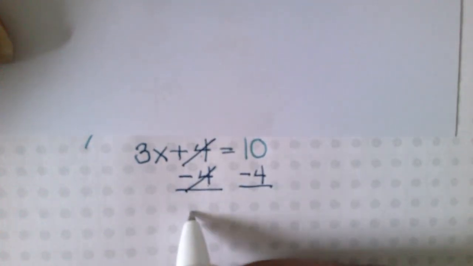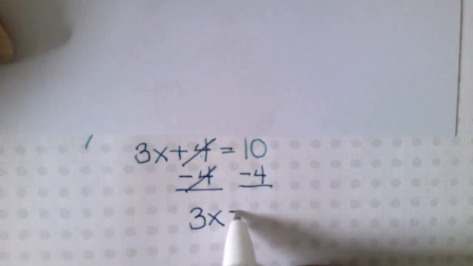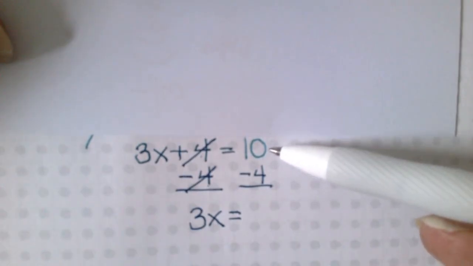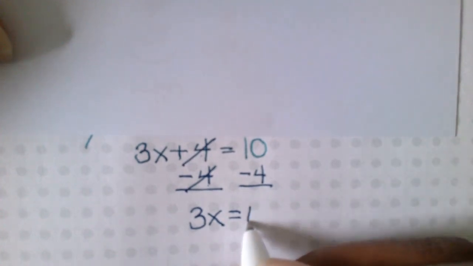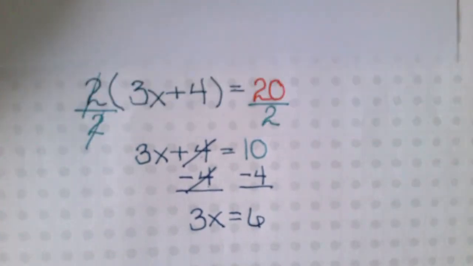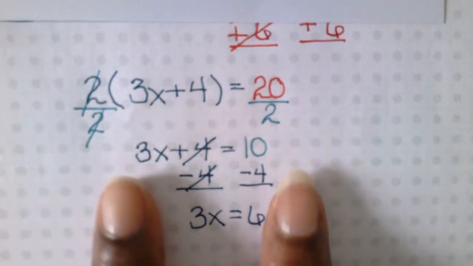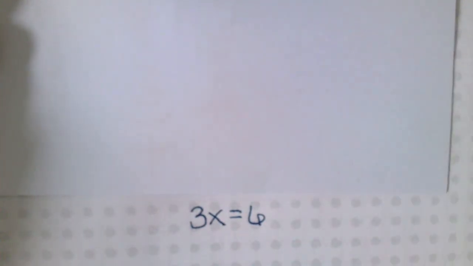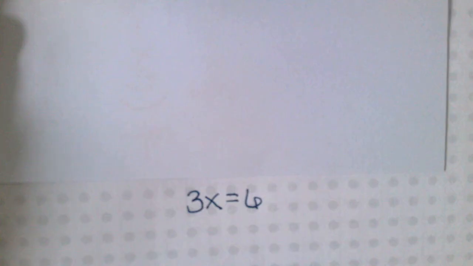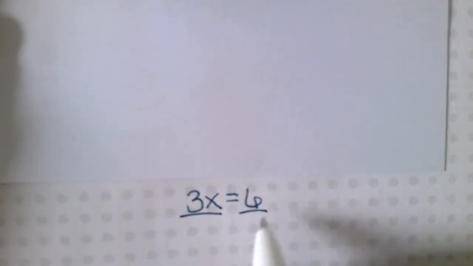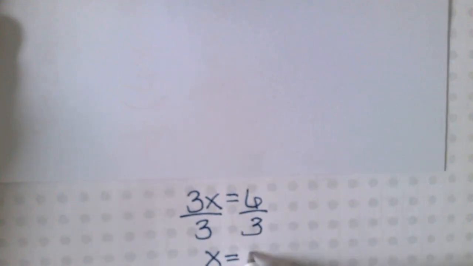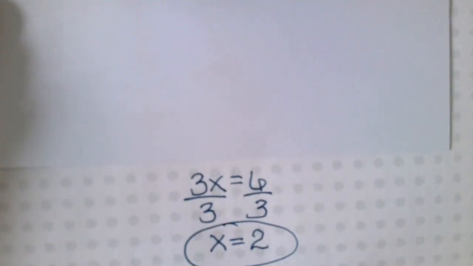But we're not using the placeholder because we still have the 3x is equal to, now we do the difference of 10 and 4, which gives us 6. Notice how we started wide and it starts to filter narrow. That's what we're doing. So now we have our 3x is equal to 6, and I'm not going to insult your intelligence, because you guys know that if I divide both sides by 3, that means x is going to equal 2. So x is going to equal 2.